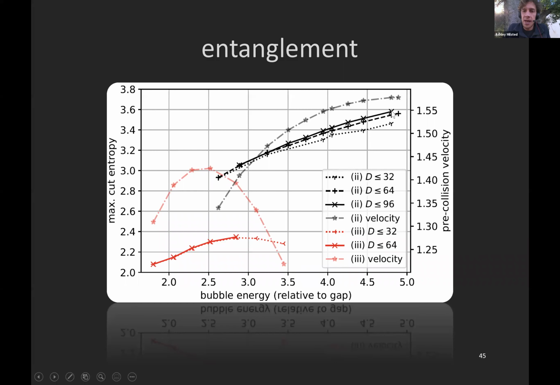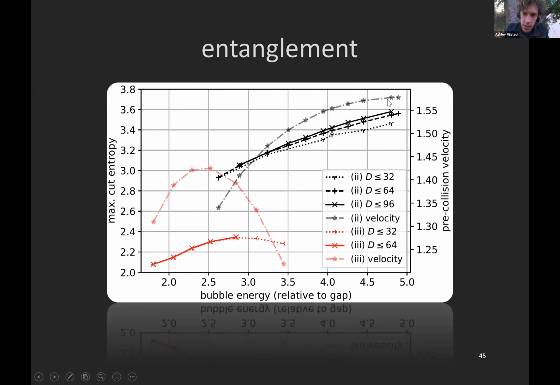And we can't make the energy arbitrarily high without encountering these block oscillations before the collision occurs. We can't separate the kink and the antikink too far because otherwise they'll start to oscillate before they collide. The maximum velocity reached is this light colored curve in the background. So we're approaching the maximum velocity as the energy gets high up here.